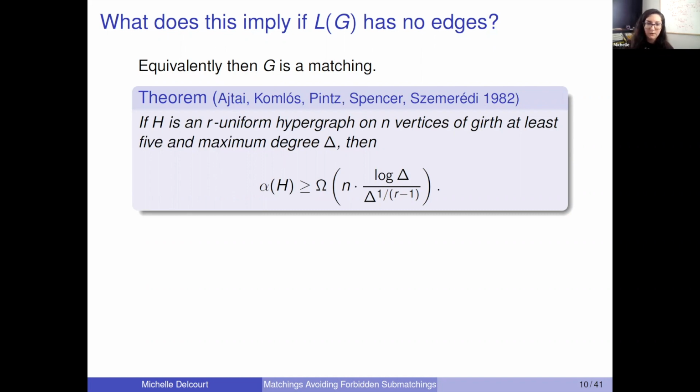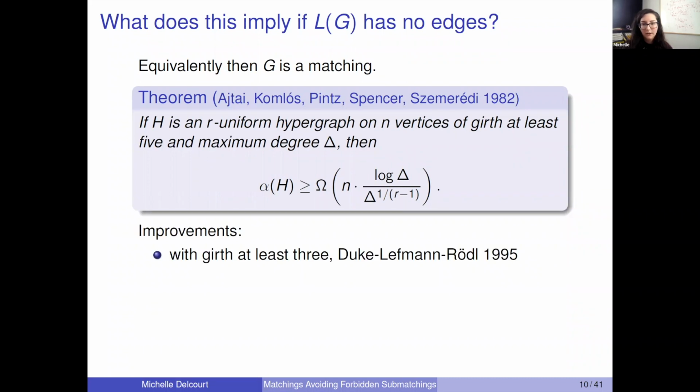The first result in this vein was by Ajtai, Komlós, Pintz, Spencer, and Szemerédi, also from the 80s. There have been a number of subsequent improvements to this theorem. Looking at so-called linear hypergraphs with girth at least 3 was shown by Duke, Lefmann, and Rödl. And instead, looking at the chromatic number was done by Frieze and Mubayi, in addition to also being girth at least 3.